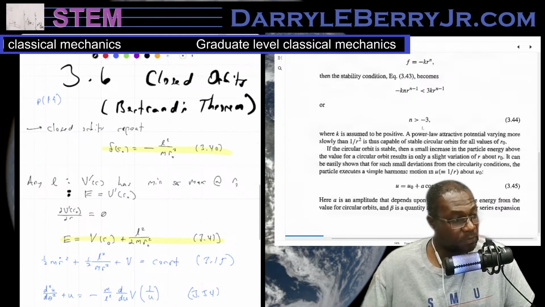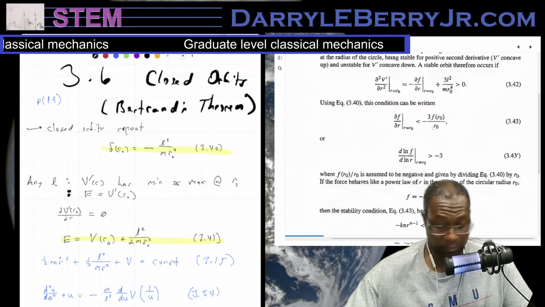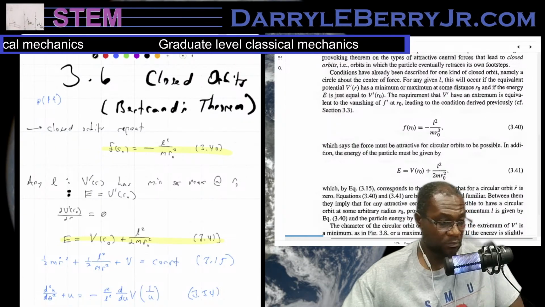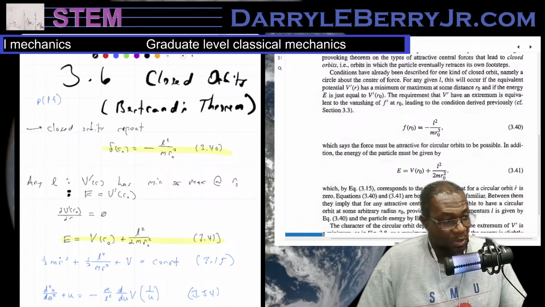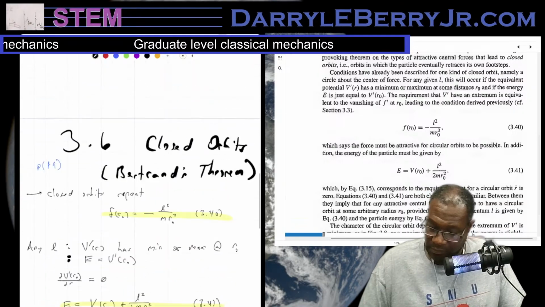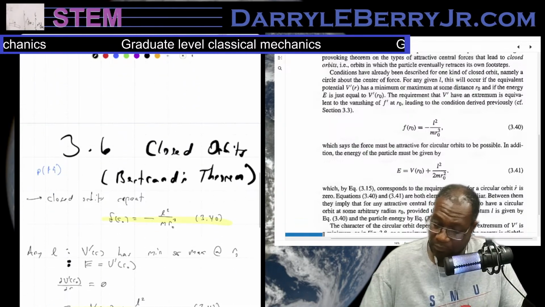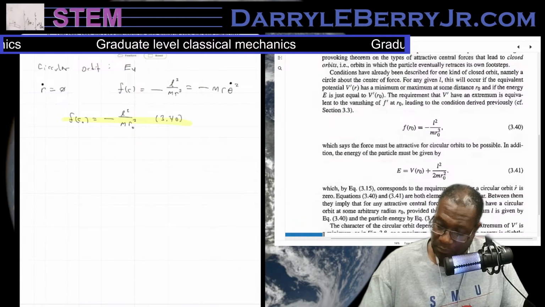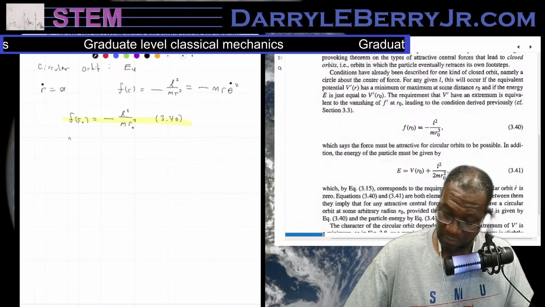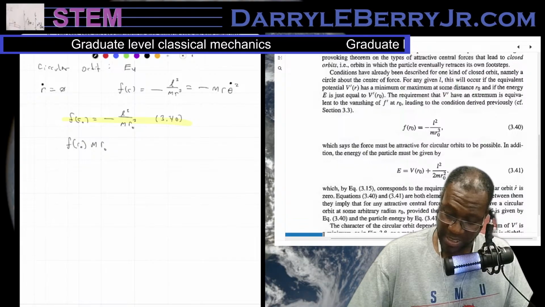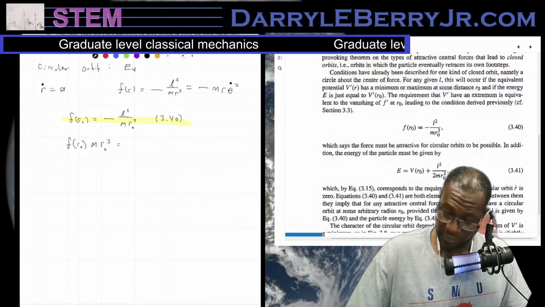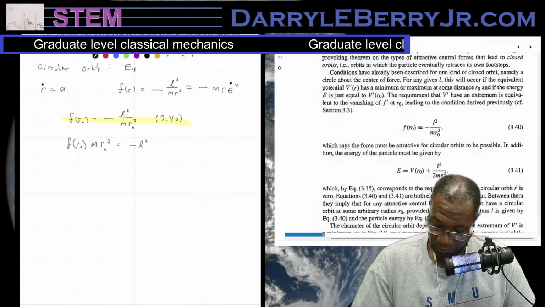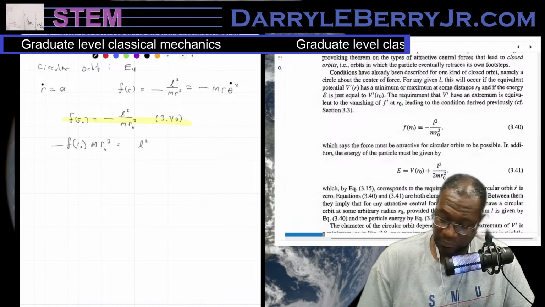The book says that L must give 3.40. So we can say F(r naught) m r naught cubed equals negative L squared. Now just move the negative over.